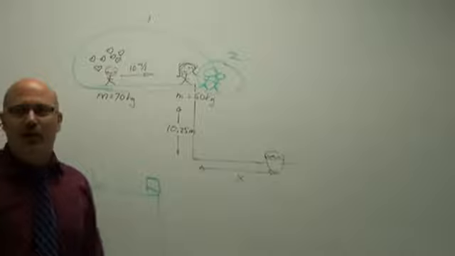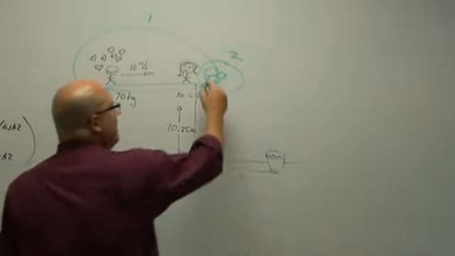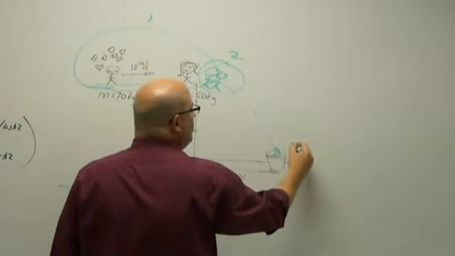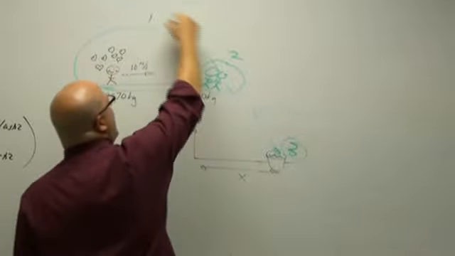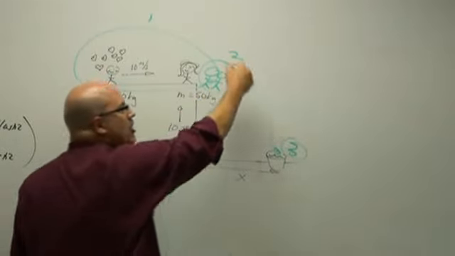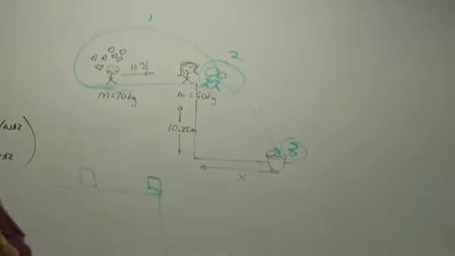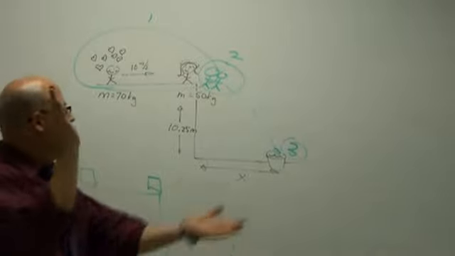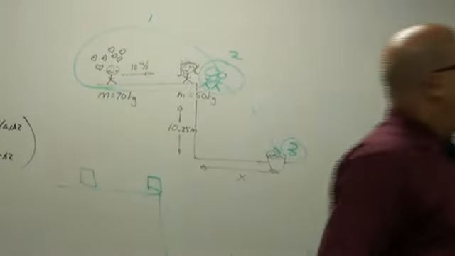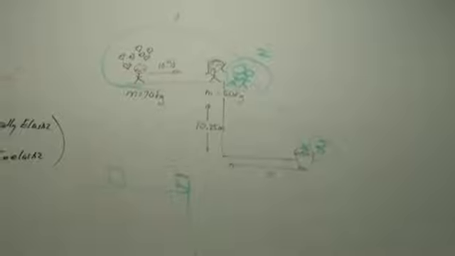And then what happens after that? It's trajectory motion from 2 to 3. So 1 to 2 is conservation of momentum, 2 to 3 is trajectory motion. There's your problem for next time.